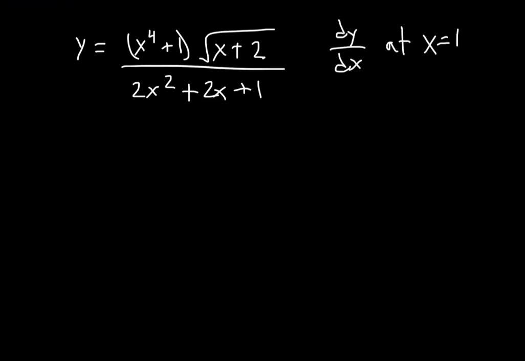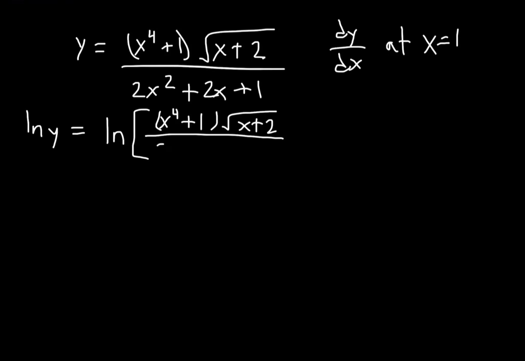Let's begin by taking the log on both sides. So ln y is equal to ln of this big expression, (x to the power of 4 plus 1) times the square root of (x plus 2), all over 2x squared plus 2x plus 1.